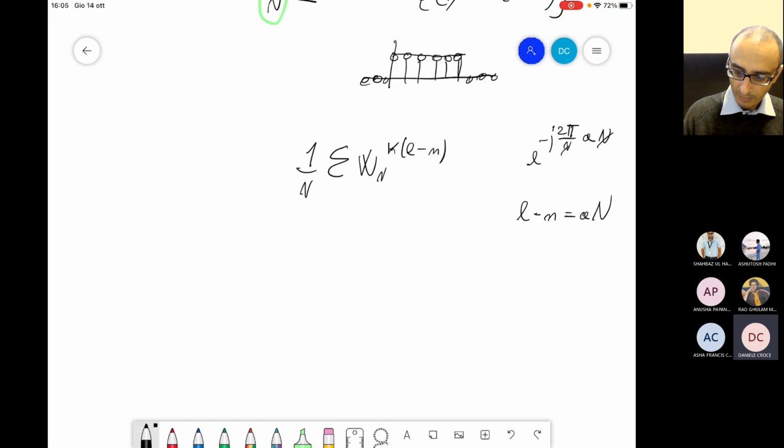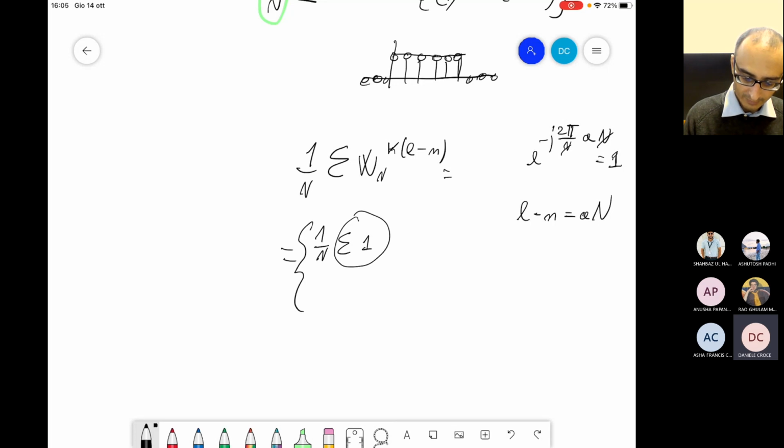So you have a multiple of 2 pi, and this will always be equal to 1, no matter what k is. So you have 1 over N times the summation of 1 from 0 to N minus 1, on N elements, which is equal to capital N, and so the result is 1.